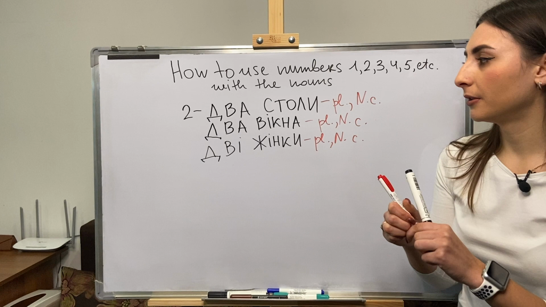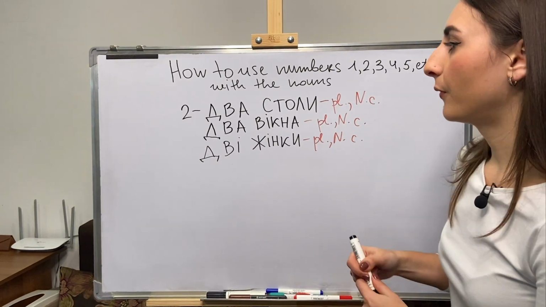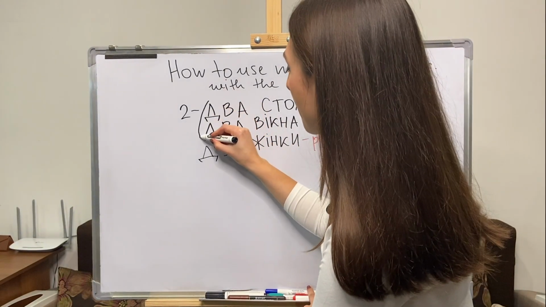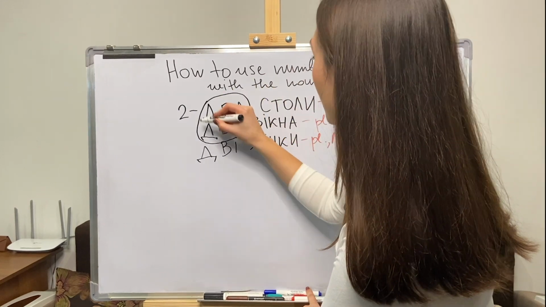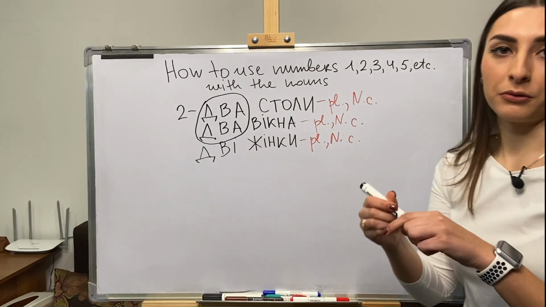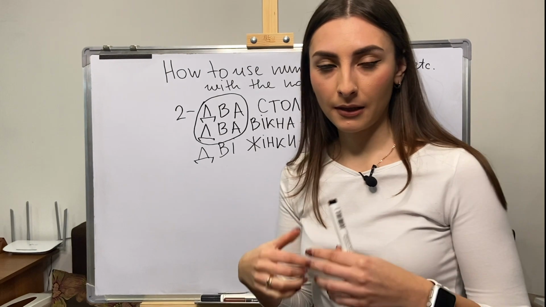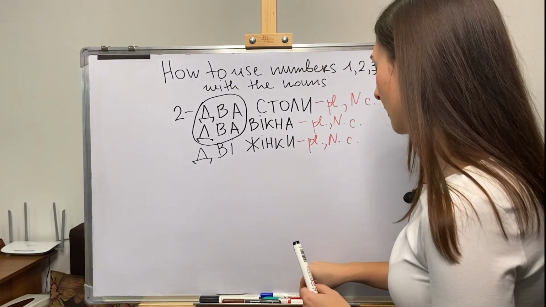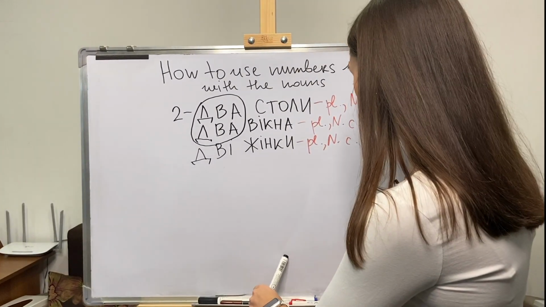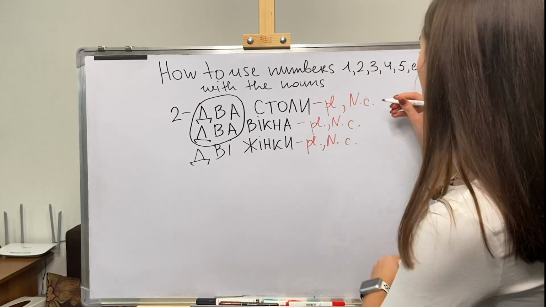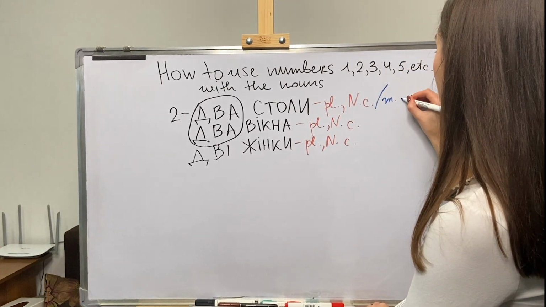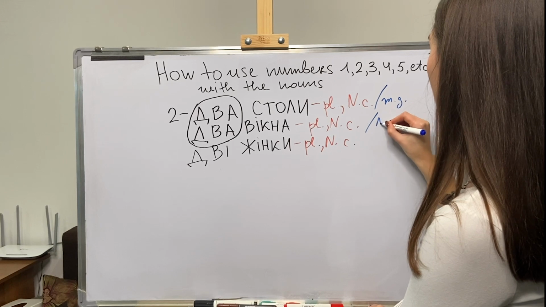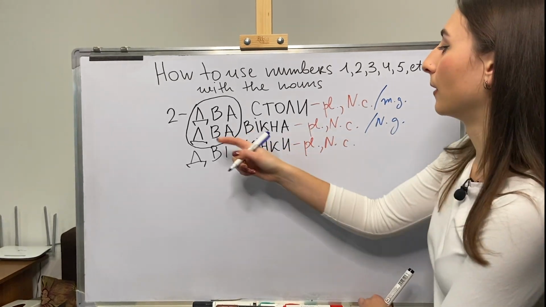So guys, what is the rule? We use the form два with plural nouns that in the singular form are masculine gender or neuter gender.